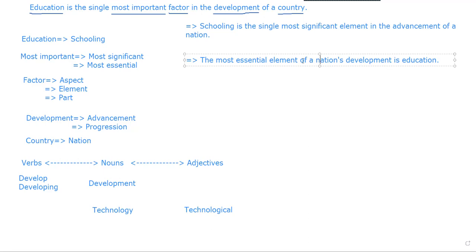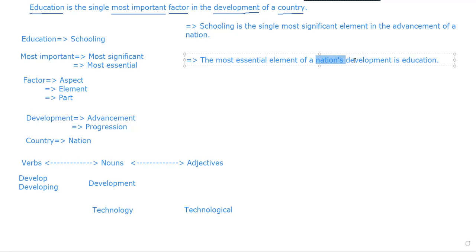So take a look. This is also synonymous expressions. Okay, nation's development, development of a country, অথবা country's development. Okay, so this is the possessive form. Nation's development, development of a nation, অথবা advancement of a nation. Please continue.